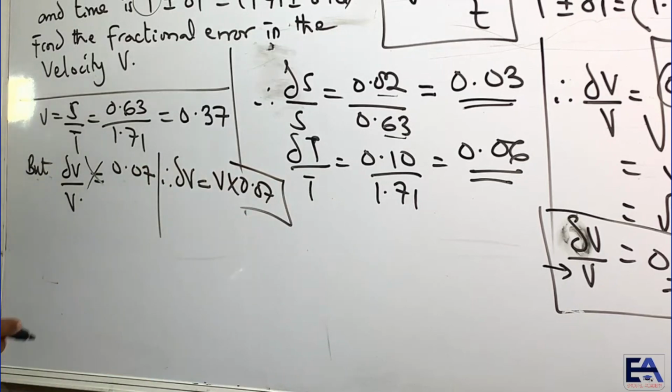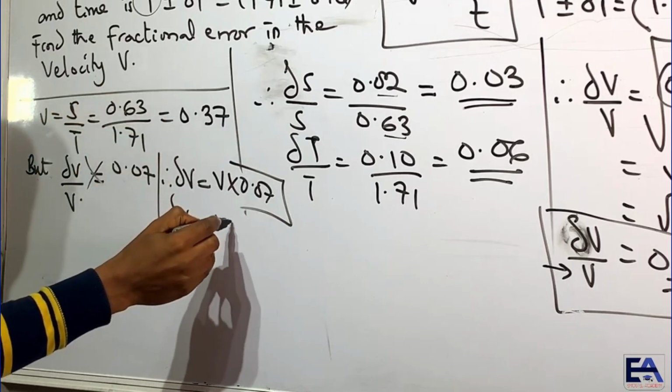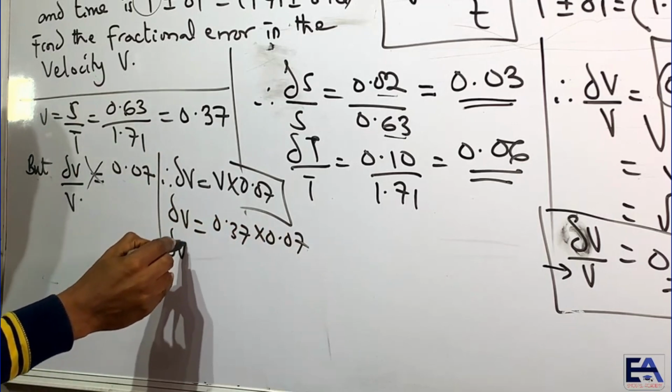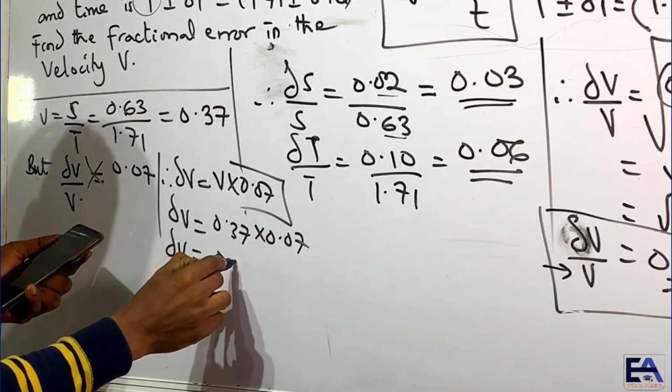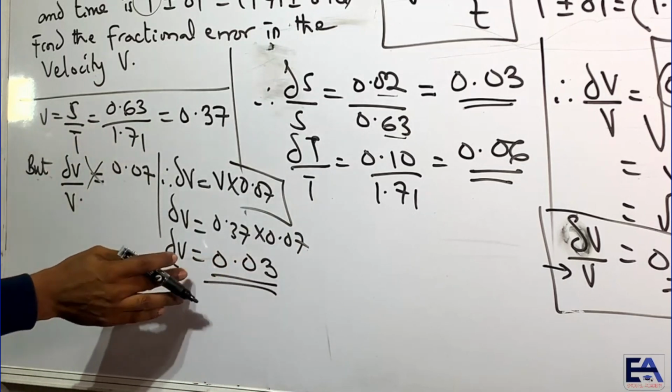So in that case, del V is equal to the actual velocity we just got, 0.37, multiplied by 0.07. So 0.37 multiplied by 0.07 is 0.03. So that's the answer for del V.